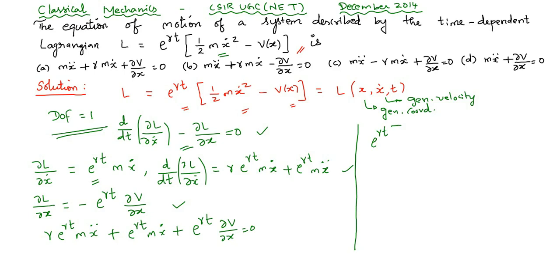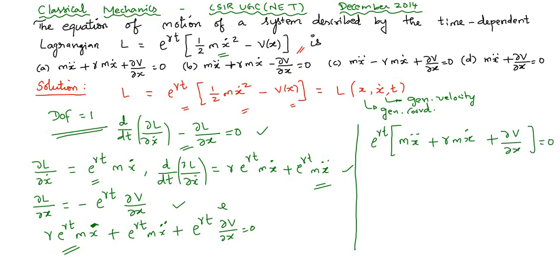We take it out. So the first term we write as m x double dot, the second term as gamma m x dot, and the third as partial V by partial x, that is equal to 0.